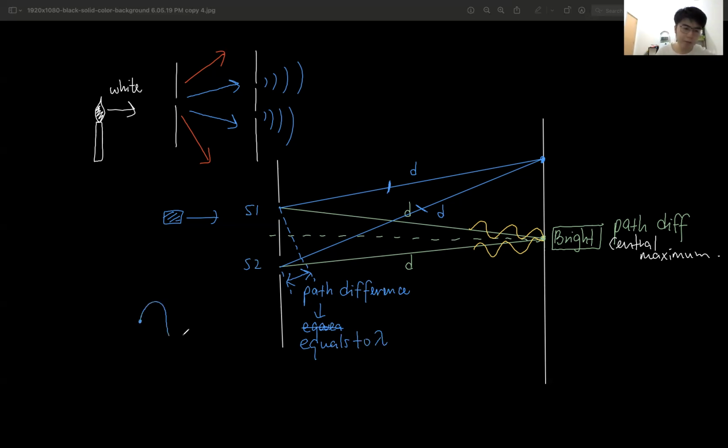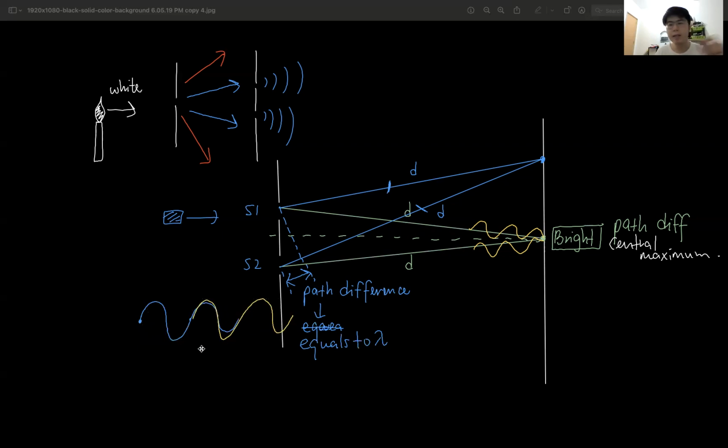One wave like this, and another wave like this. This is zero path difference. But if the yellow one and the blue one have a path difference of one wavelength, that means one is lagging behind by one wavelength like this.